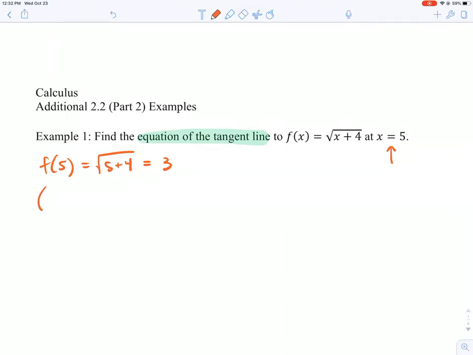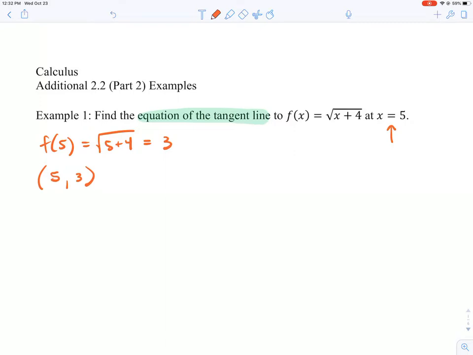So the point on the curve that we're trying to find the equation of the tangent line to would be 5, 3. So we have our point and we still need our slope. We will find the slope of the tangent line from the derivative, evaluating the derivative at x equals 5.